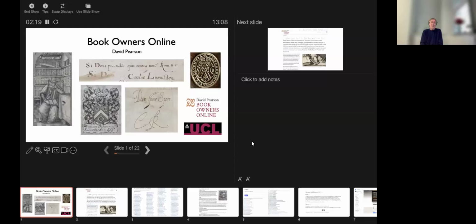And what I propose to do is try to explain what it is and how it works and why I created it and where we're trying to go with it, and then think a bit about some of the challenges around its ongoing development. So I hope that it will be of some interest, in a digital humanities sense, generally as a digital humanities project, quite apart from anything to do with its content and what you can find out from it.